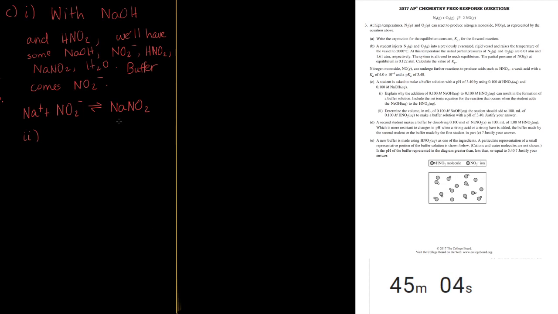So the first one is made with HNO2. So they're both made with HNO2. The only real difference is the NaNO2 and using 1 molar of HNO2. Well, I've got to say it's going to be the second student. So the second student will be more resistant.